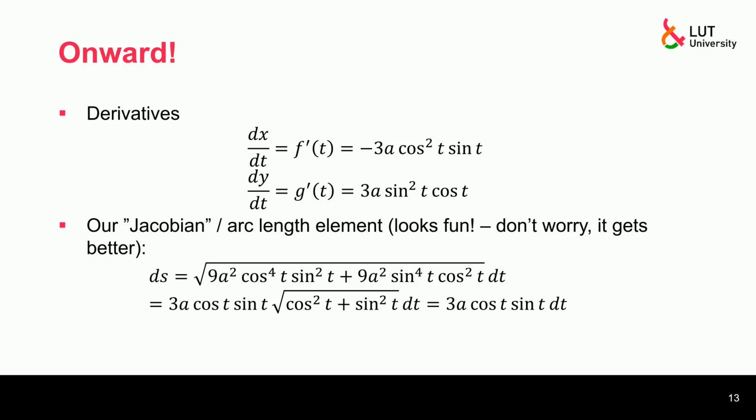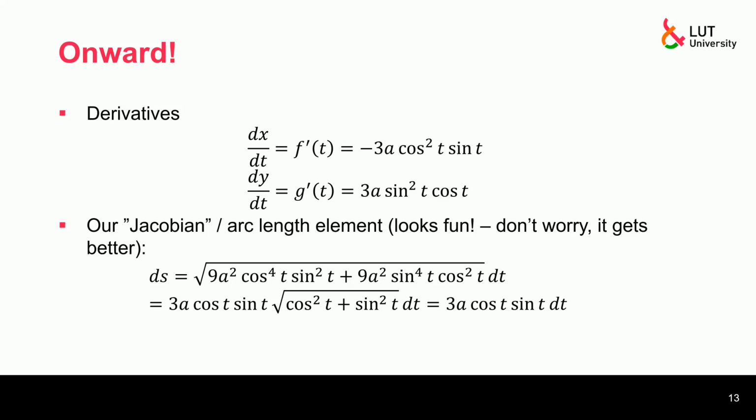Alright, so okay, let's do the derivatives. To get the distance unit, we get cosine squared t sine t times minus 3a, and then we get 3a sine squared t cosine t.